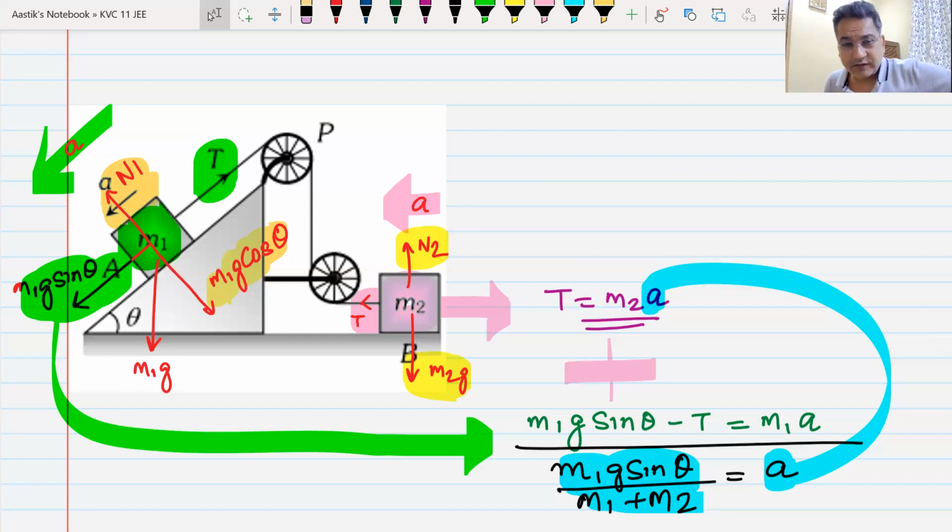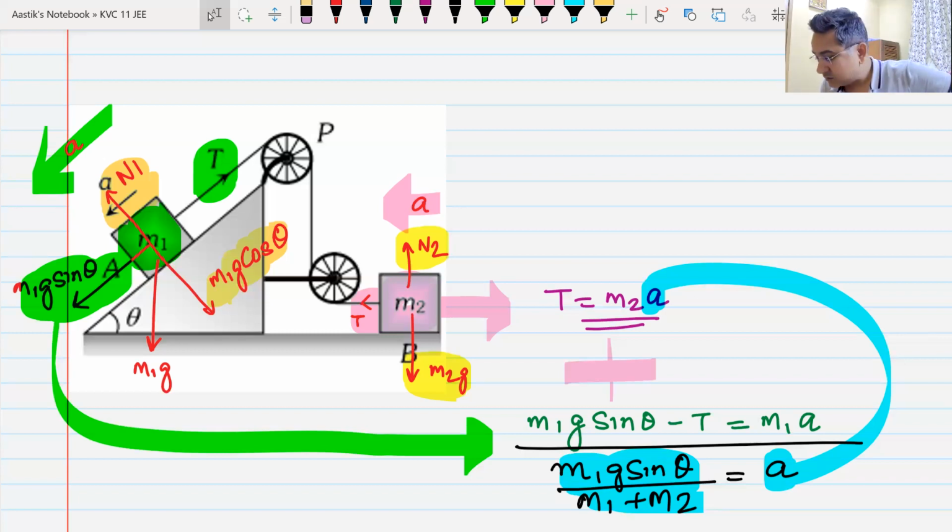But apart from plane and wedge constraint, they are also constrained by one more thing. What is that other thing because of which they are moving as they are moving? Apart from this plane, that they can only move along the plane, they're also restricted by one more thing.